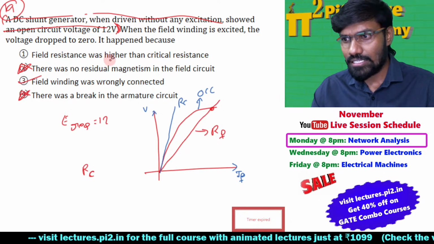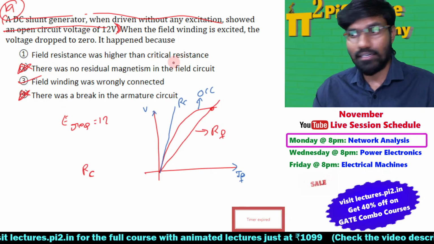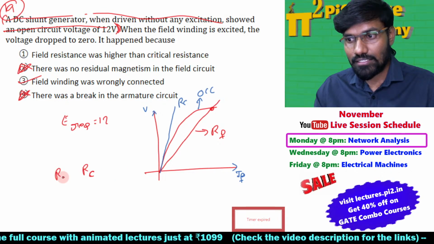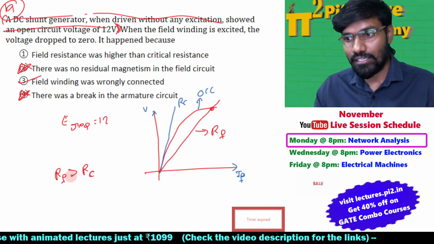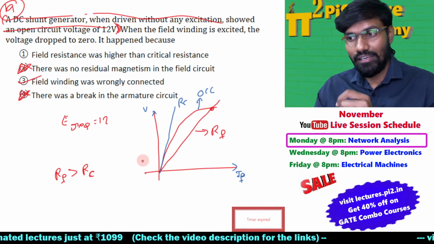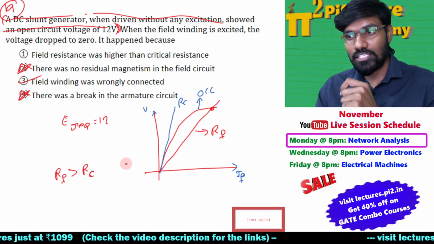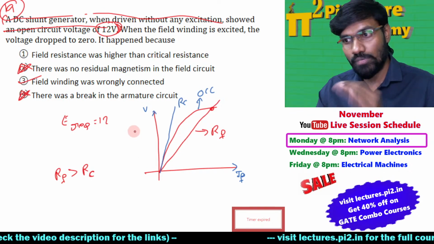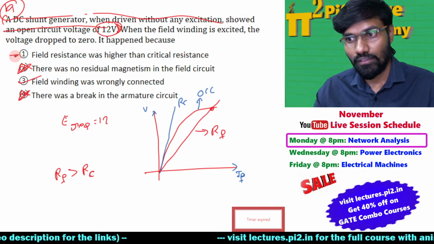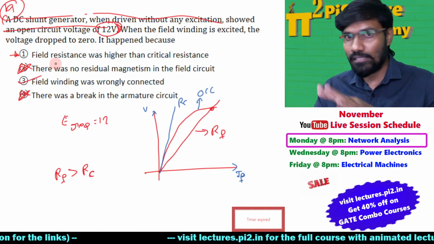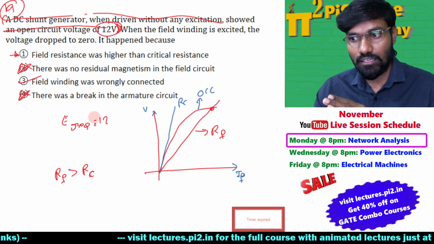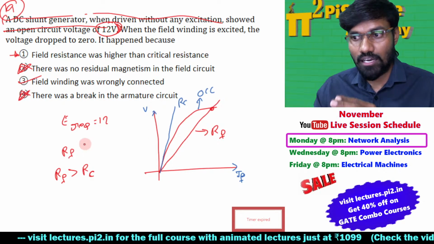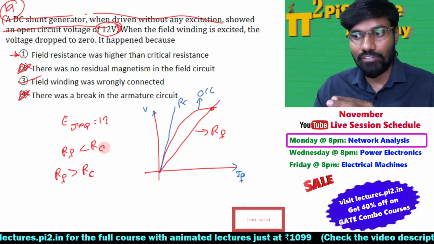Now, field resistance is higher than the critical resistance. If suppose field resistance is higher than the critical field resistance, then the output voltage will stay at 12 volts. It will not come down to 0. Of course, it fails to build up. Under this condition, the voltage build up will not happen. That is for sure, because for the voltage build up to happen, RF should be less than critical field resistance.